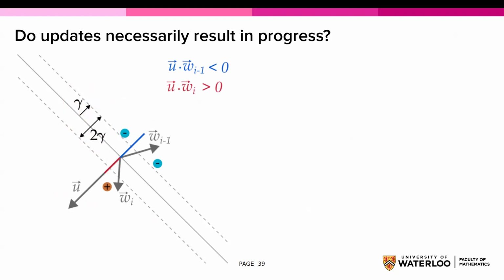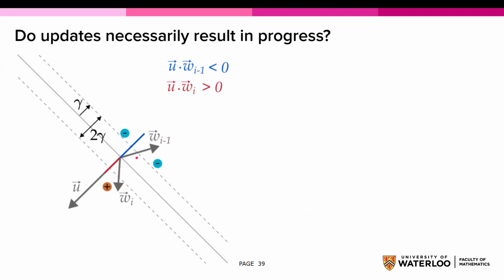Another way to think about this is that the projection of the model onto the oracle increases. So for example, suppose at some iteration i, we receive the sample denoted by this orange dot here. The model would have made an error on this because the parameter vector it had just before receiving this, w subscript i minus 1, makes an obtuse angle with the feature vector in question.